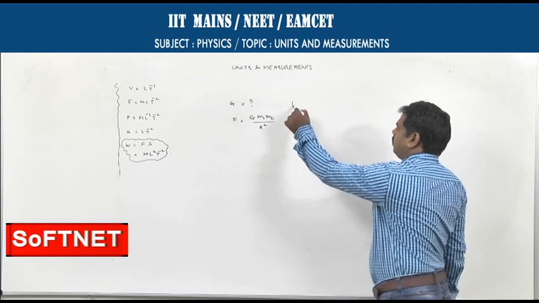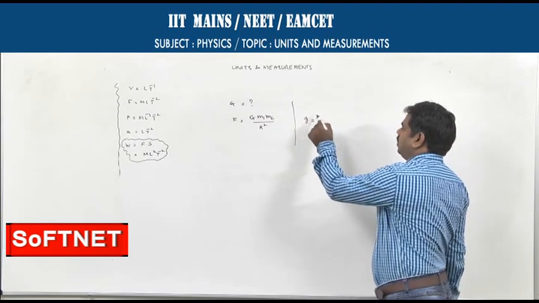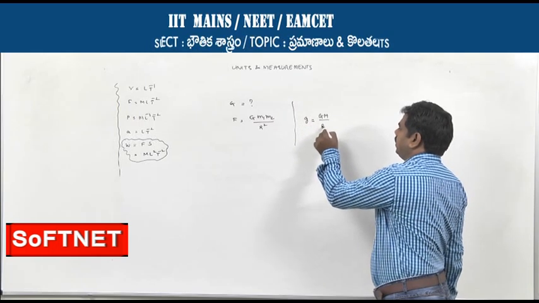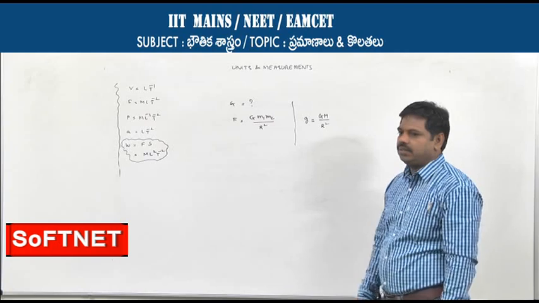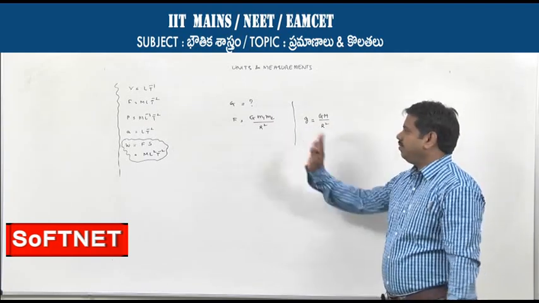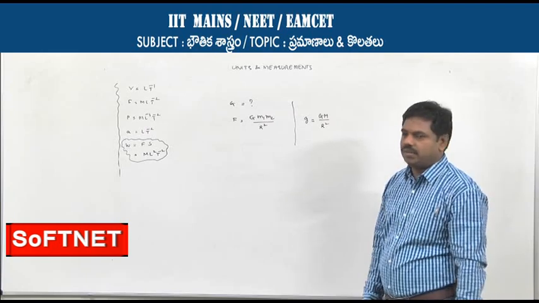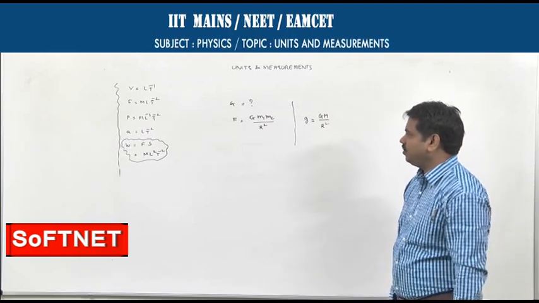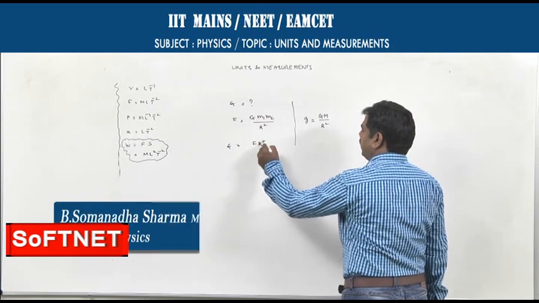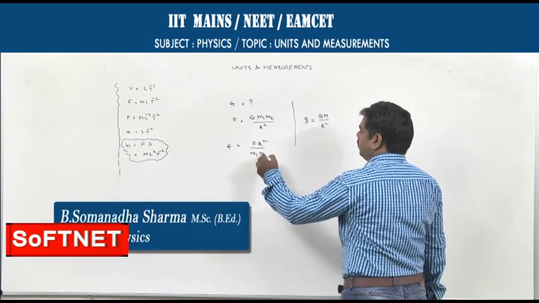Or I have one more formula, the relation between small g and capital G: g = GM / r^2. Whenever you use any one of these formulas, then happily we can write the dimensional formula of the universal gravitational constant. For example, capital G here we can write F r^2 / (m1 m2).